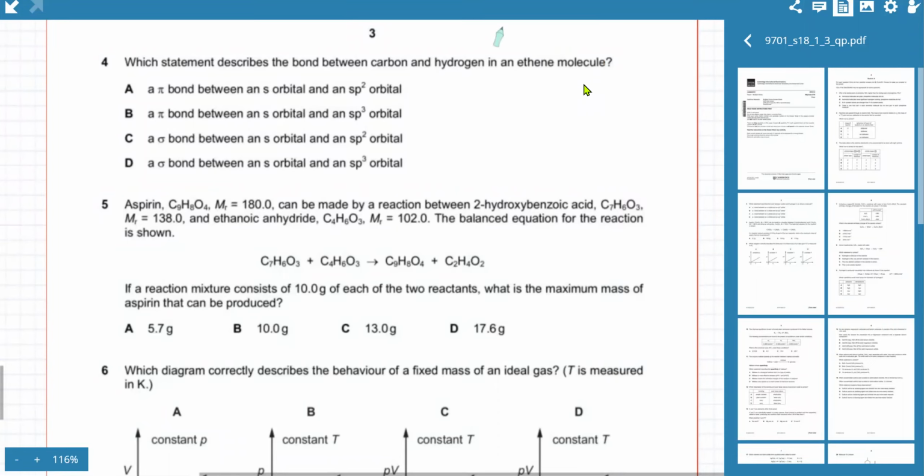Remember, in ethene, whenever carbon is bonded to 3 atoms, it is sp2 hybridized. What that means is that carbon would be fan shaped. Its 3 orbitals would be making a bond. The fourth one would be available for pi bonding.